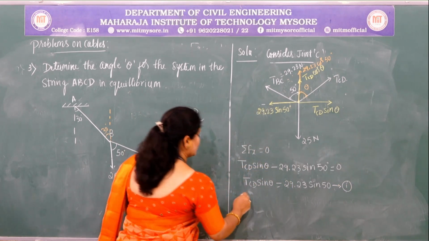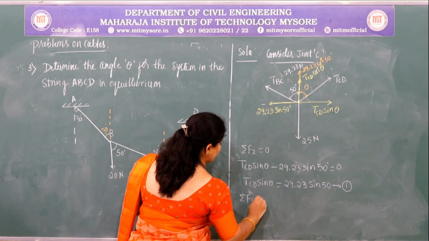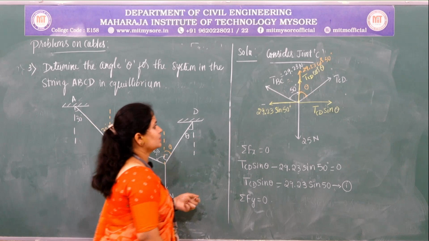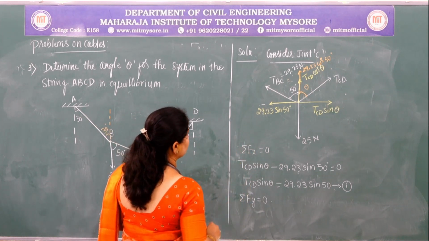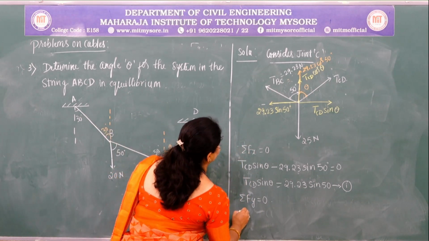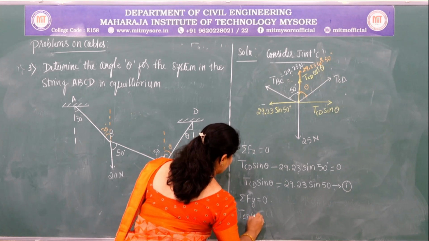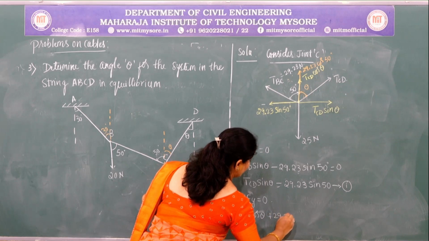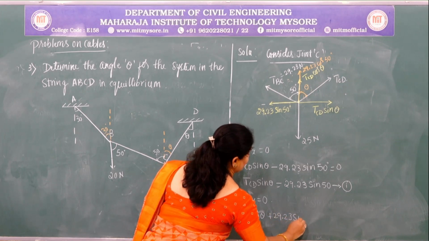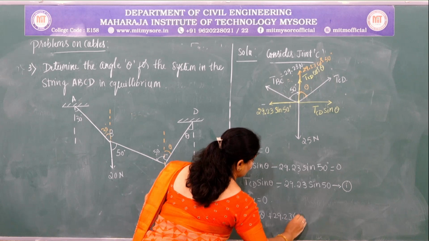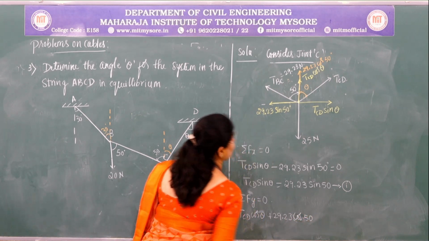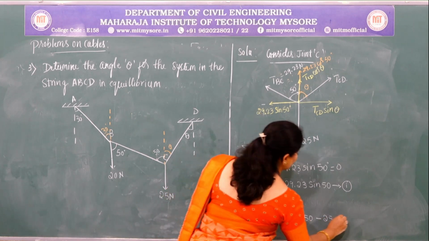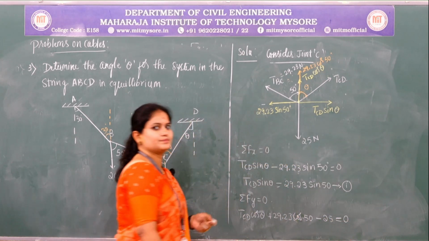So similarly consider sigma Fy is equal to 0. Right. So consider all the forces in the vertical axis. So that is TCD cos theta plus 29.23 cos 50, and on the negative axis there is 25 Newton force, which is equal to 0.